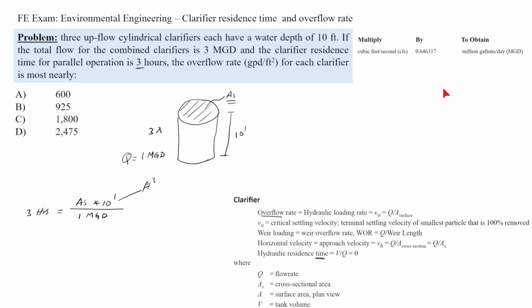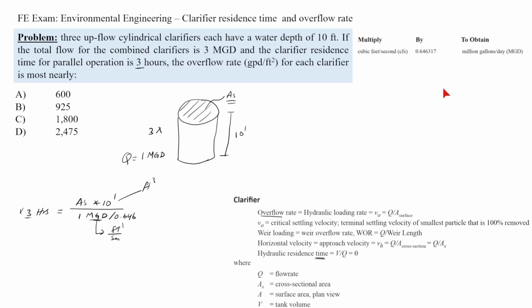We can do that by dividing this number, which is 1, by 0.646. So the unit will be converted to cubic feet per second. And we also need to change the 3 hours to seconds.